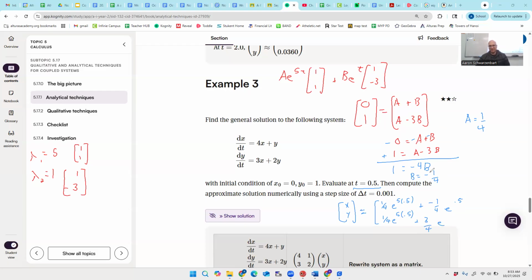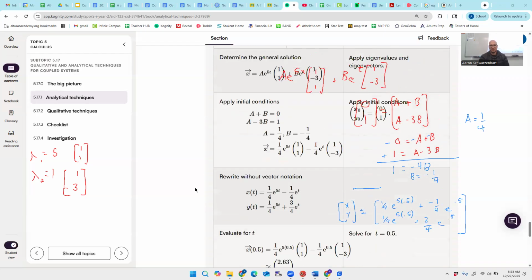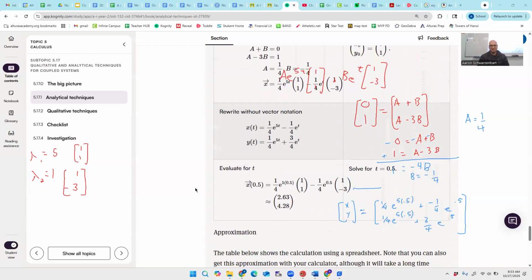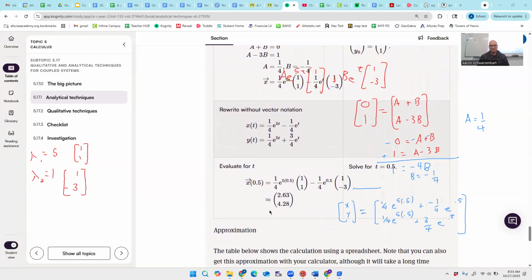So I did -3 times the -1/4, so -3b here. That's where I got the 3/4. And then I stick that into a calculator, or look down here, and I get those.